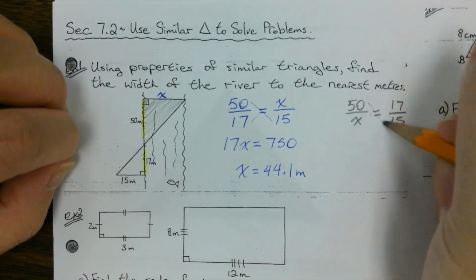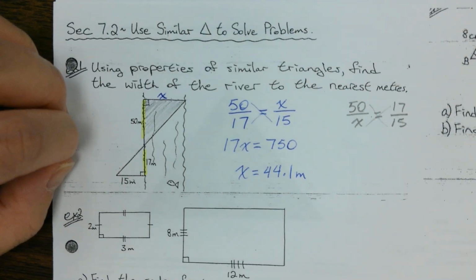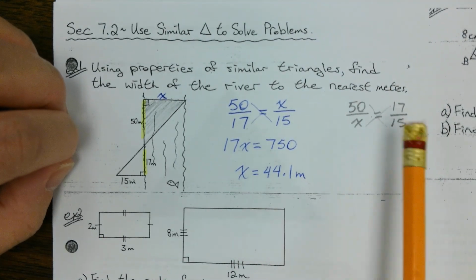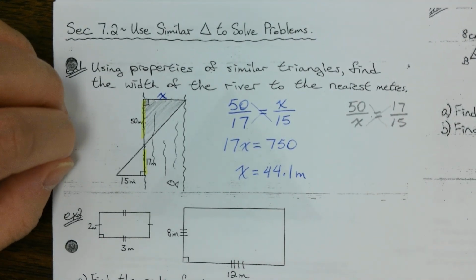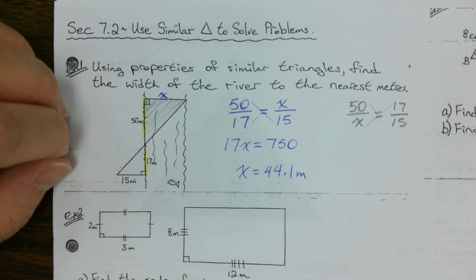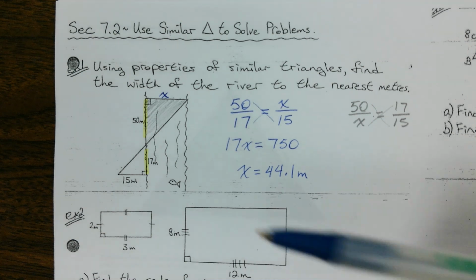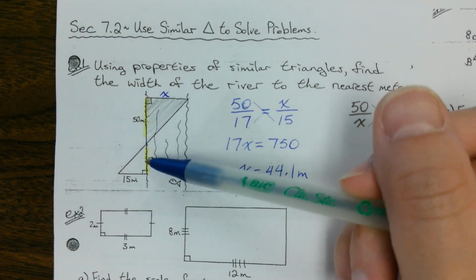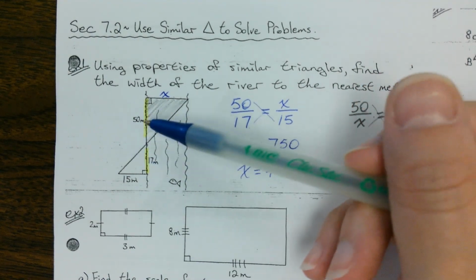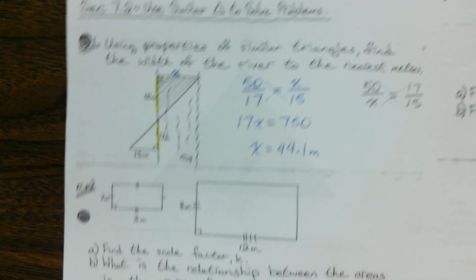When you cross multiply, you'll get the exact same thing. So two options, you just have to be consistent. I personally like to compare the length from one triangle to the other, like this.